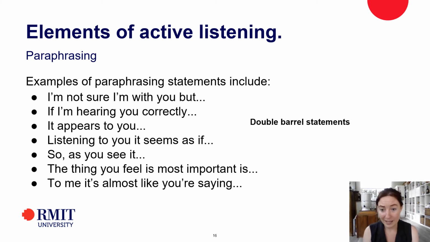On the other hand, I'm hearing that fear of what alcohol did between your relationship with your own mother-daughter relationship, and that fear that that's going to be replicated with your daughters as well. I'm hearing these two things. So double-barreled statements can be very powerful in bringing nuance and showing that you understand the complexity of the situation.